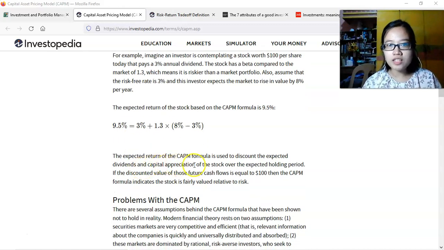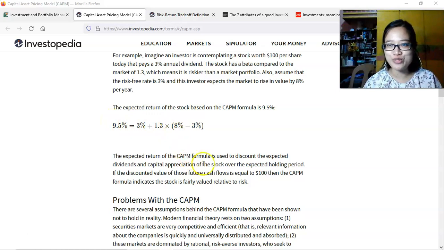Okay. The expected return is used to discount the expected dividends and capital appreciation of the stock over the expected holding period. If the discounted value of those future cash flows is equal to $100, then the CAPM formula indicates the stock is fairly valued relative to risk. So in this sense, ito palang expected return ng stock mo.